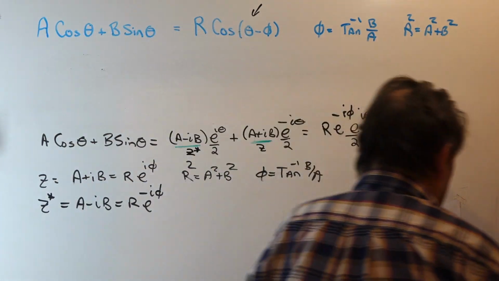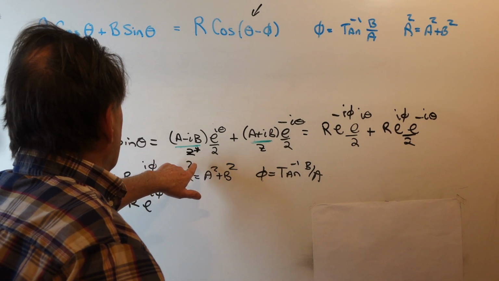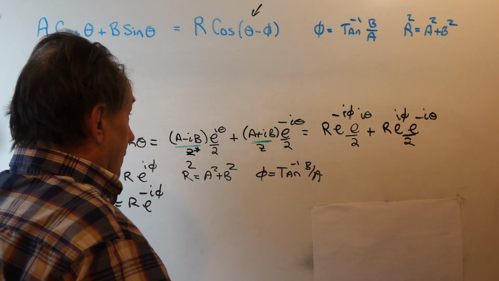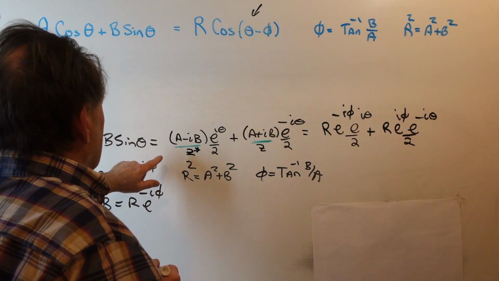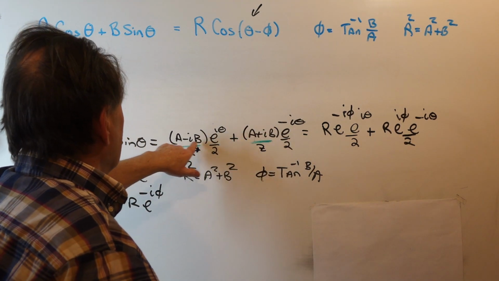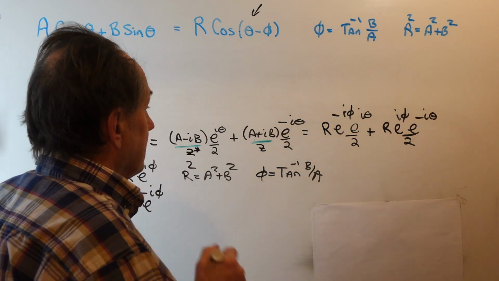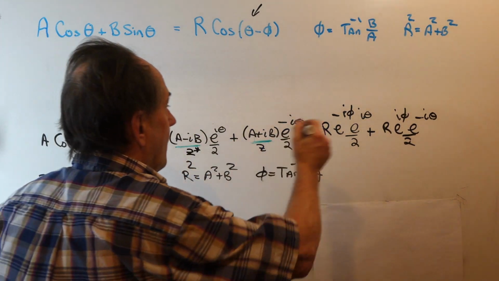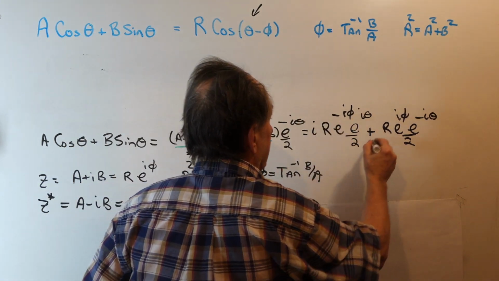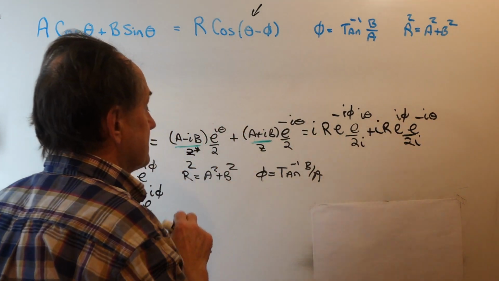When we get to this part here, what we could have done is multiply the numerator and the denominator by i, so we have i over 2i, so that the i's cancel.